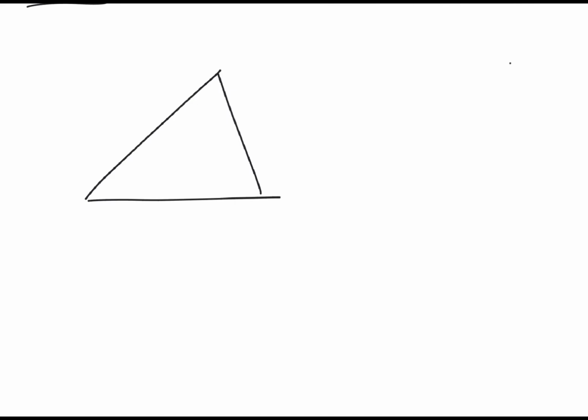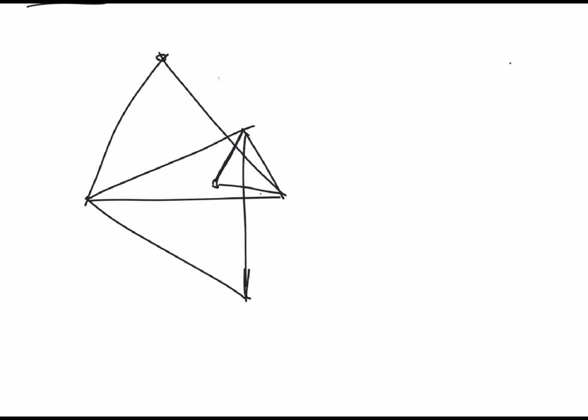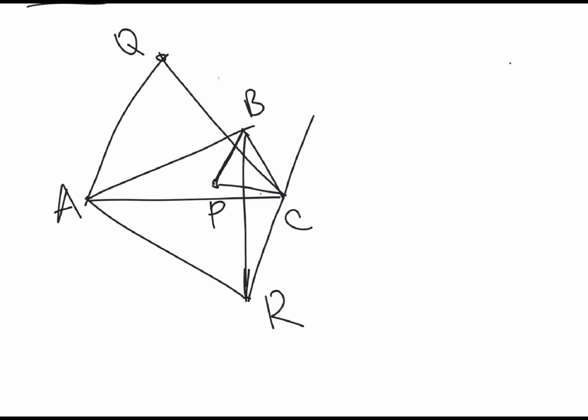So let's draw another picture. So we have this triangle, so this is A, B, C, this is P, Q and R. So we consider the intersection point of the lines CR and AP.